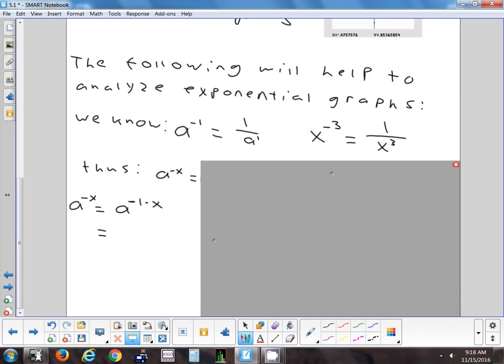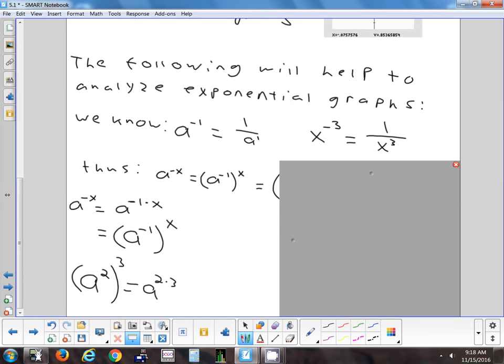Like if it was a to the first in parentheses to the third. When you have a power to a power, that's when you would end up multiplying them together. So let's rewrite that as a power to a power. It's a to the negative 1 to the x. That's how you would end up multiplying those two together. And that's what I have right there.